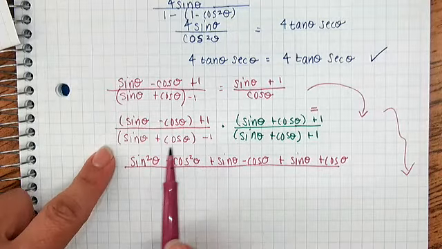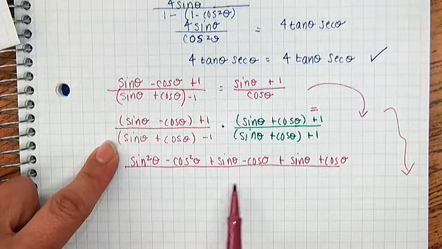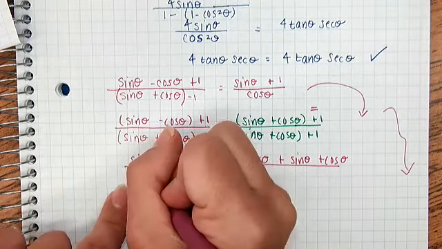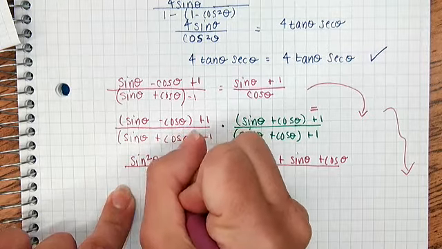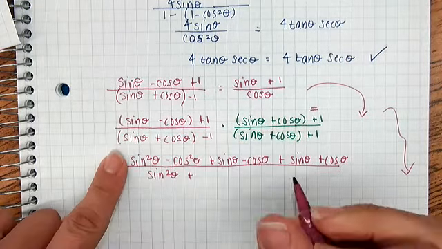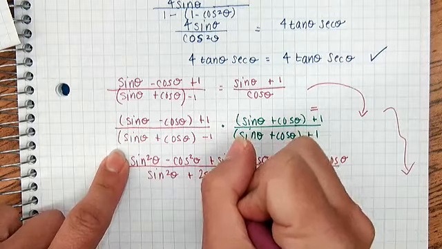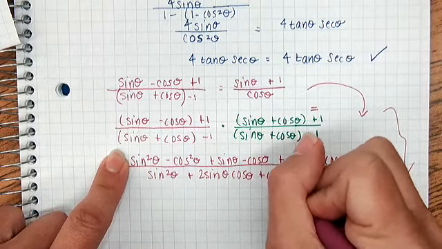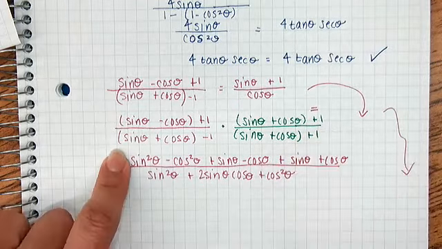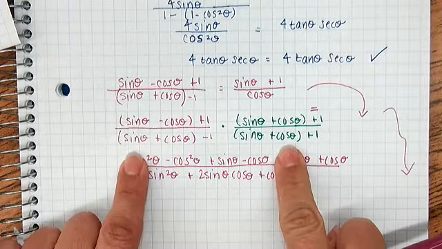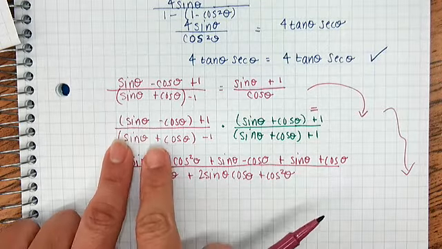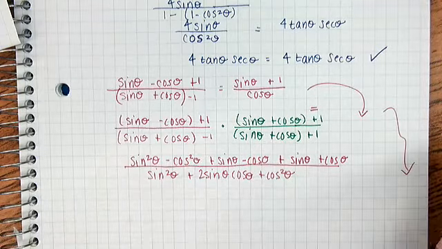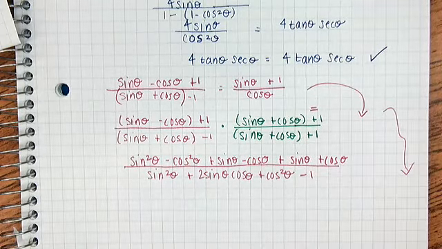Well, this is a difference of two squares. Sine plus cosine times sine plus cosine is sine squared plus 2 sine cosine plus cosine squared. Then plus sine plus cosine minus sine plus cosine, which is 0, and then minus 1.